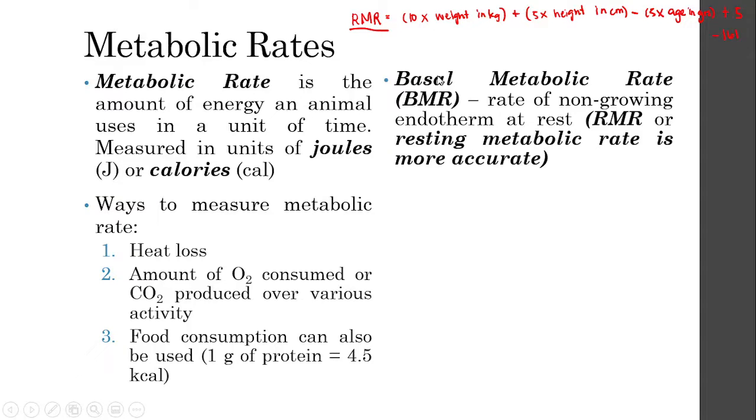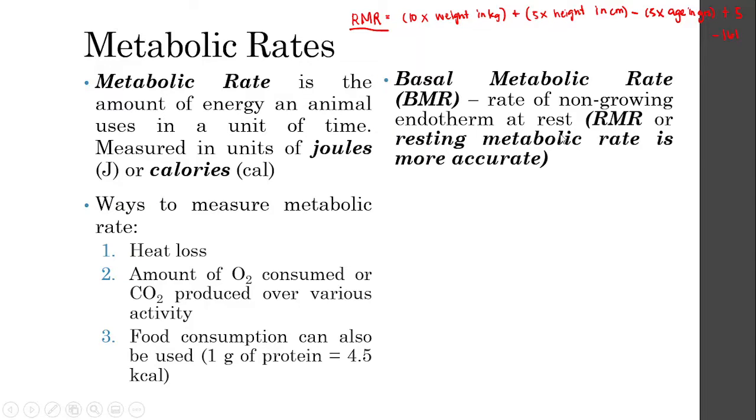The clue here is from the term itself, basal. This is the base. This is the smallest, or the foundation energy you need just to survive. Anything else that you do outside of resting, or basically outside of existing, you're not doing anything during RMR, you're not talking.